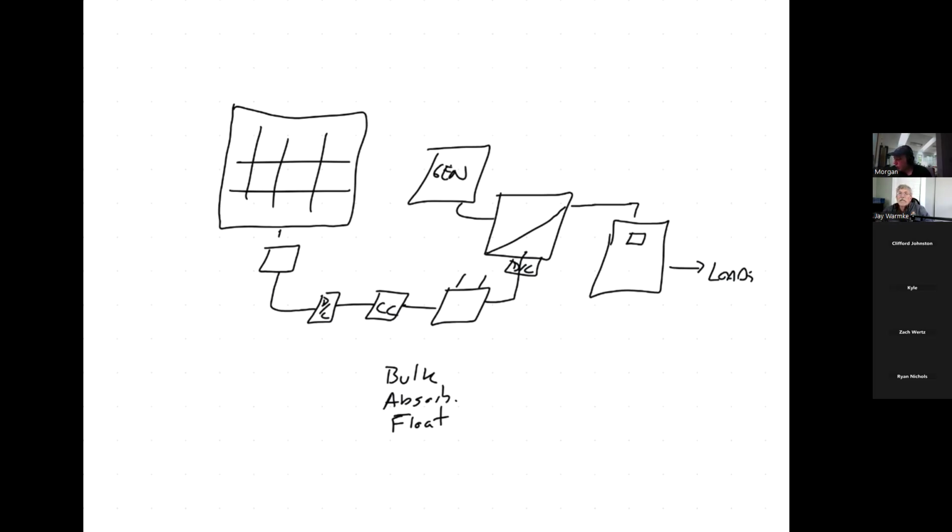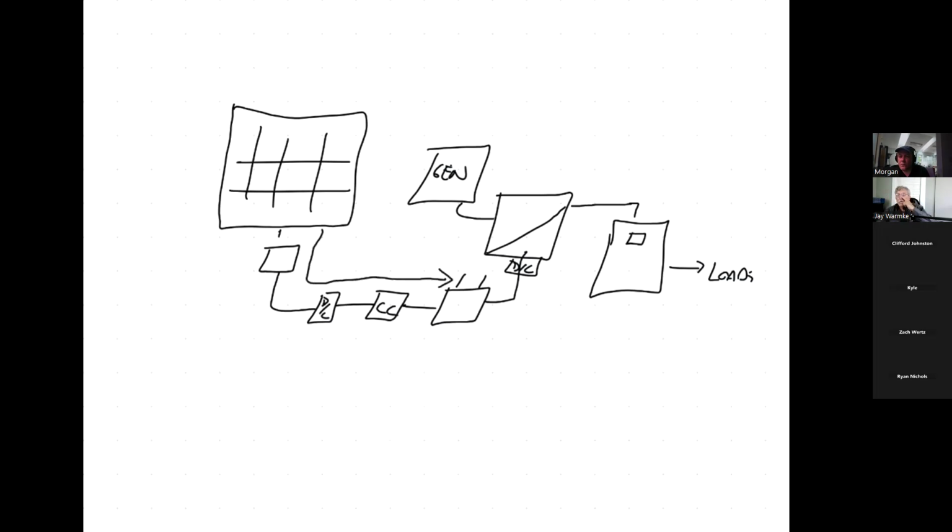All right, so how does this flow of electricity work? The power from the array flows through here and goes to the battery.